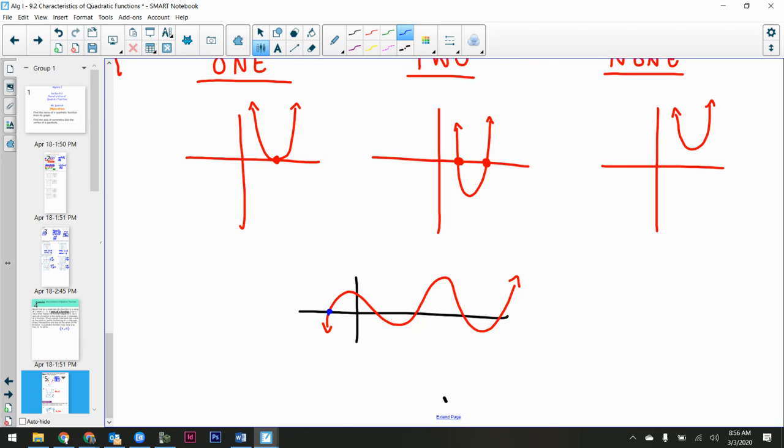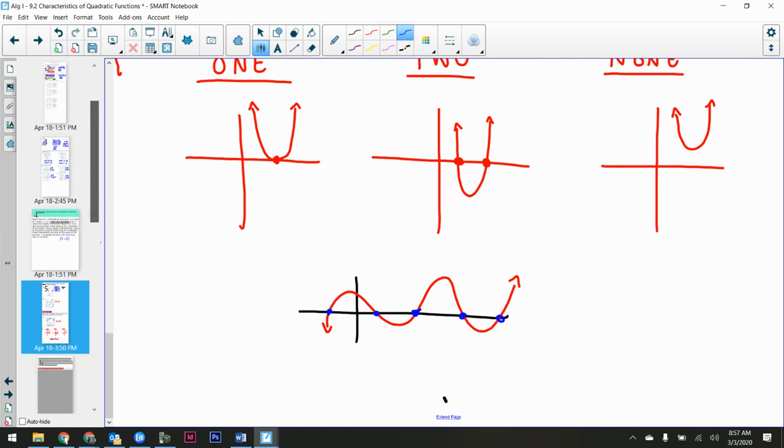Like for example, this one would have how many? That one would have 5 different zeros, okay? So when you get to Algebra 2, you learn about functions that don't just have 2 zeros. They may have 3, 4, 5, 6, a lot of different zeros, okay? So that is a possibility out there.